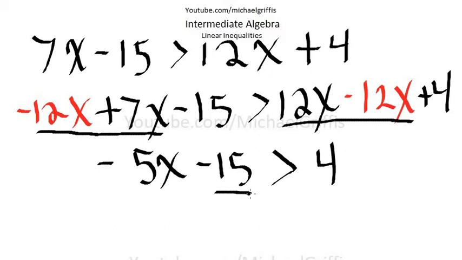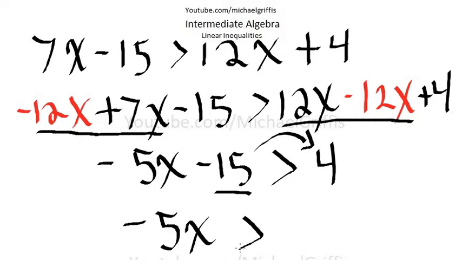So now what we need to do is get this 15 and take it over here to the right hand side. Instead of writing out the subtraction, I'm just going to move it. Is greater than 4 minus 15.